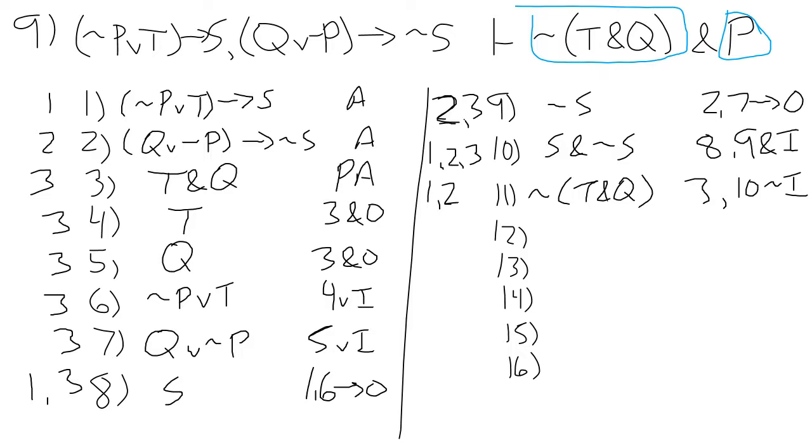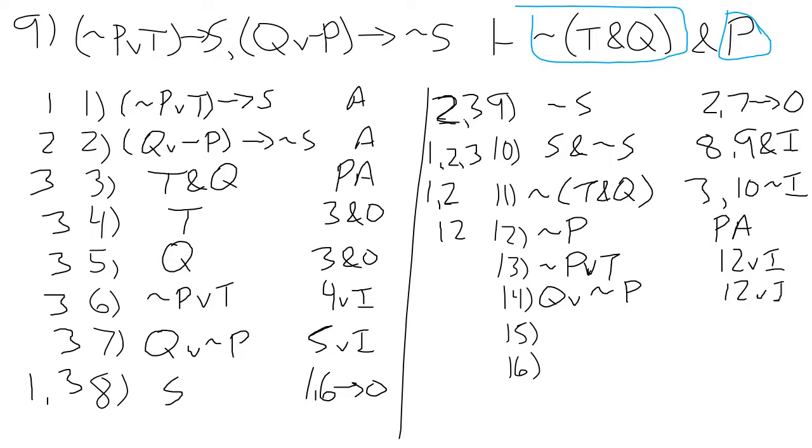Now we need to prove P, and we can prove P by assuming its opposite and looking to prove a contradiction. And so we're going to have to do the same thing over again. Wedge in, 12, toss them both in. Looks like we're going to need quite a few more lines.